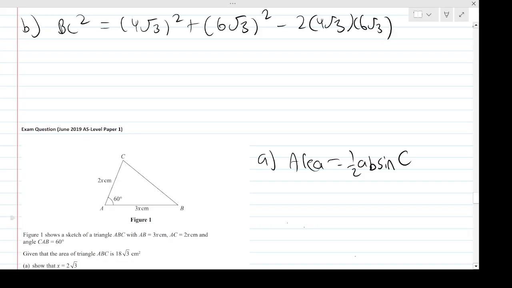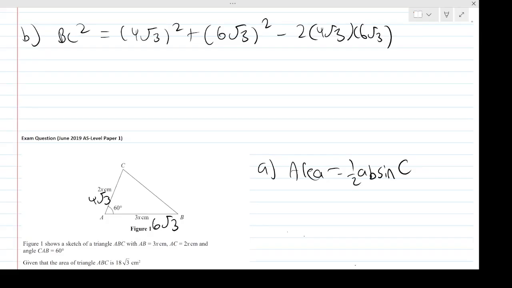But I could replace this to make it easy to see, where 2x is 4 root 3 here and 6 root 3 there. But anyway, there we are. So we've got these sides now simplified because we know what x is. Then it's going to be cosine of the angle 60.